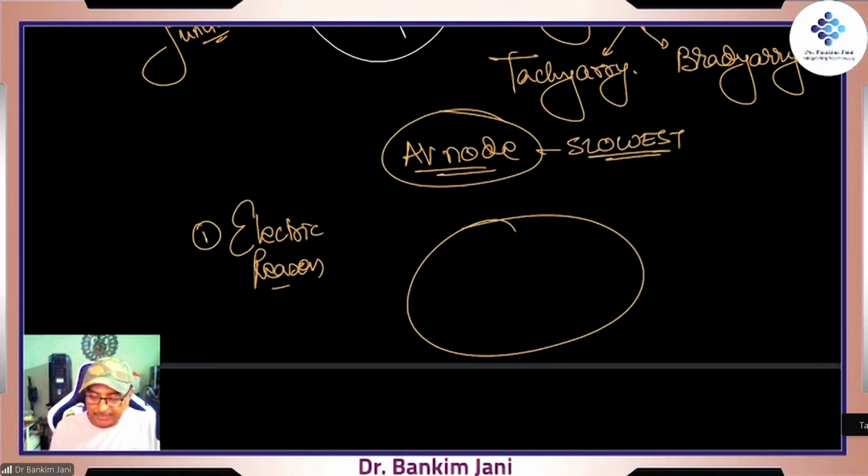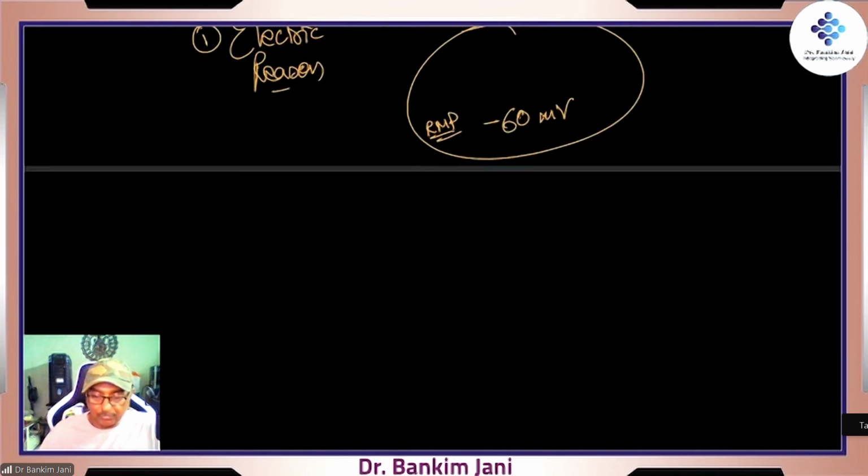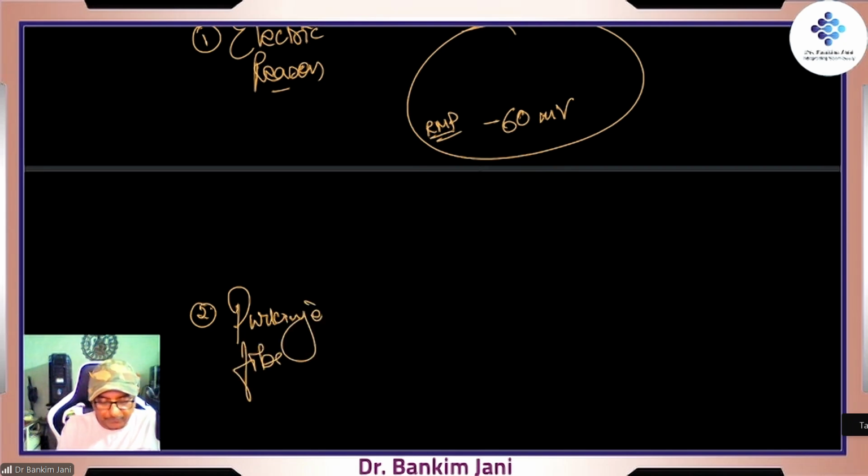Inside the cell there is a resting membrane potential. This resting membrane potential is minus 60 millivolt. Against this, there are those bundle of His and Purkinje fibers, of whom we are very much jealous. They are very fast.